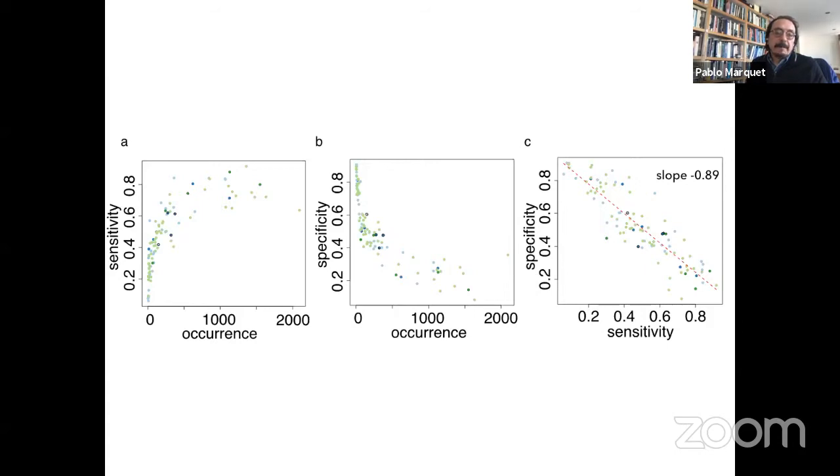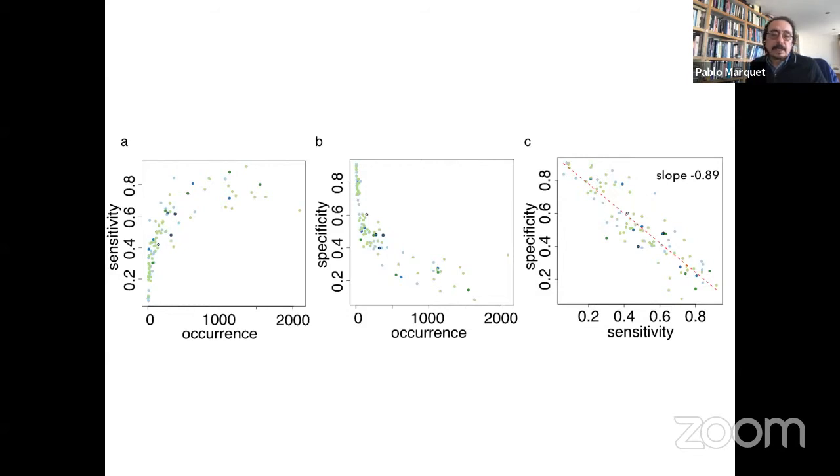As species are more widely distributed, or you have more occurrences, you are able to detect true interactions, but at the same time your specificity, the true negative rate, decreases. So you start detecting a lot of false positive interactions. These two things are inversely correlated.